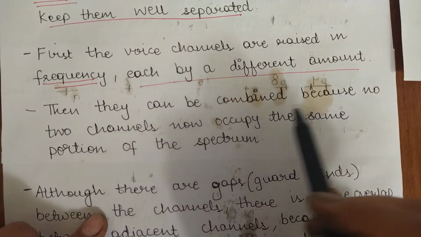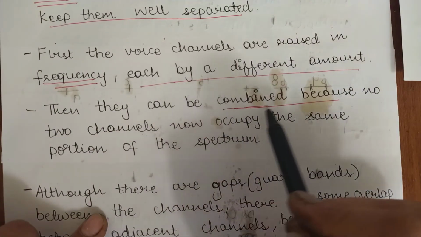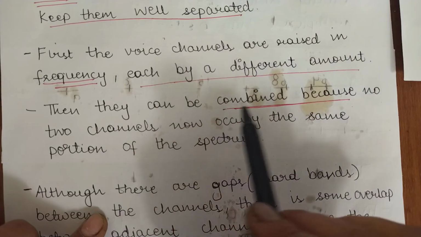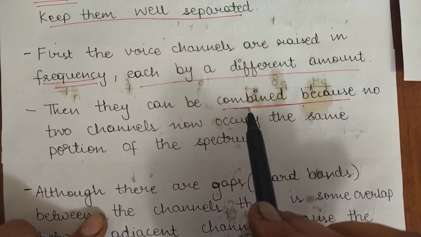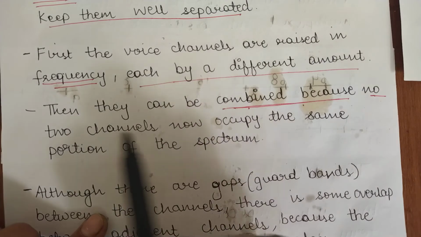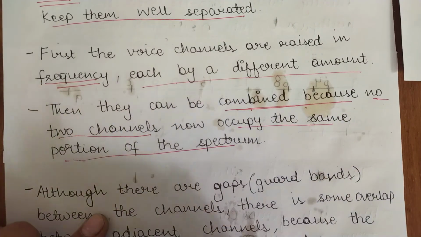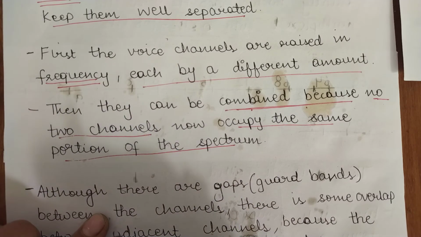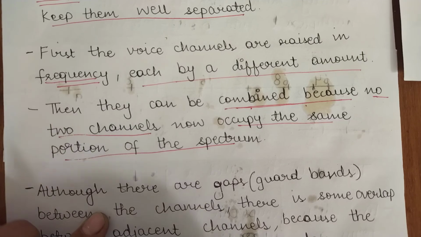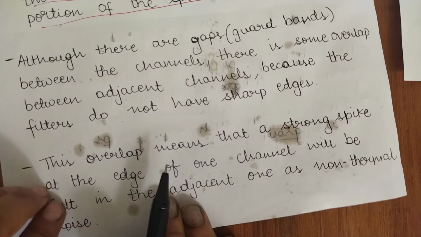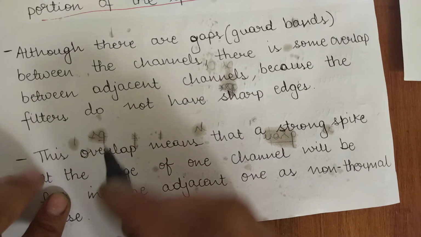And then after that they can be combined, because they have different frequency ranges, which is actually the concept of multiplexing, because no two channels now occupy the same portion of the spectrum. They are all occupying different portions of the spectrum. Hence, none of them can interfere with each other. So they are then combined or multiplexed together and sent through the same transmission line.